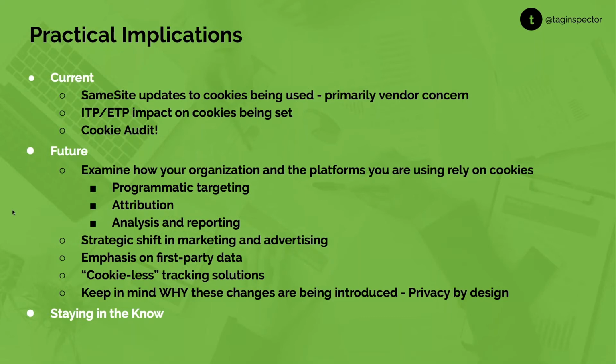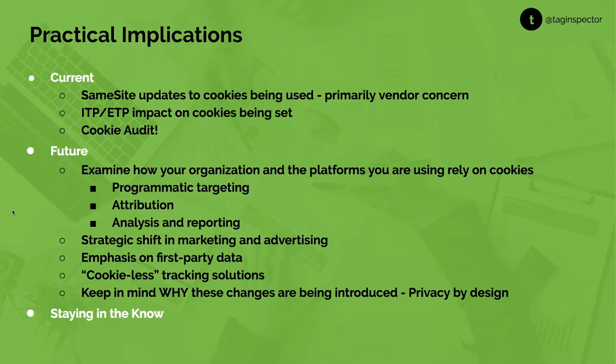So it's primarily a vendor concern, in that if they are using a cookie in a third party context and need to be able to access that cookie's value across different domains, those attributes need to be updated when the cookie is being placed, so that the cookie on the user's browser contains the SameSite equals None and Secure parameters.